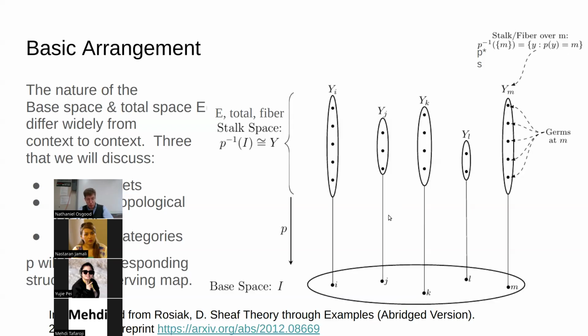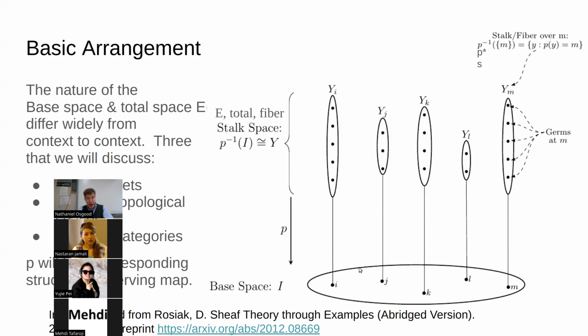This is a wonderful diagram from Daniel Rosiak's Sheaf Theory through Examples. J here is the point in the base space, and it has this stalk over at Y sub J. This fiber here has 3 points in it.